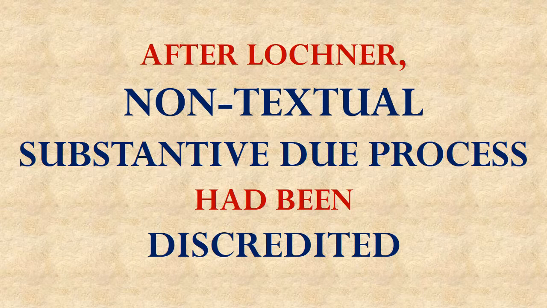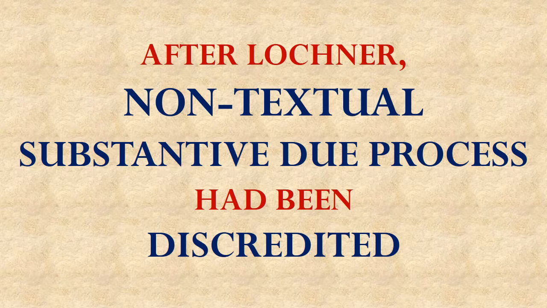In the previous lesson, we spent a good deal of time talking about the case of Lochner versus New York, and about how that case was eventually overruled. And with it, the era of non-textual substantive due process that it had created came to an end. Essentially, the Supreme Court had given this doctrine a try, had ended up deciding on their own that it was basically an abuse of their power.